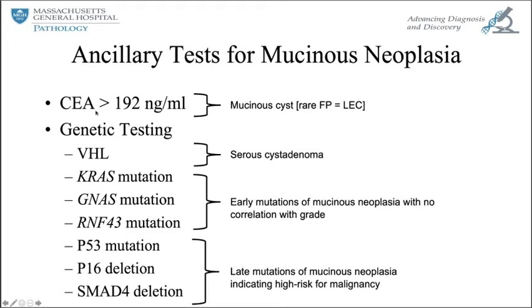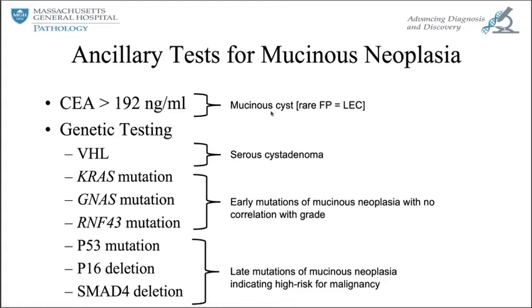So for example, if our CEA is 192 nanograms per mil, that is our cutoff for a mucinous cyst. This has very high specificity. There's a rare false positive in lymphoepithelial cysts, but there are a lot of false negatives, so the sensitivity is not that great.